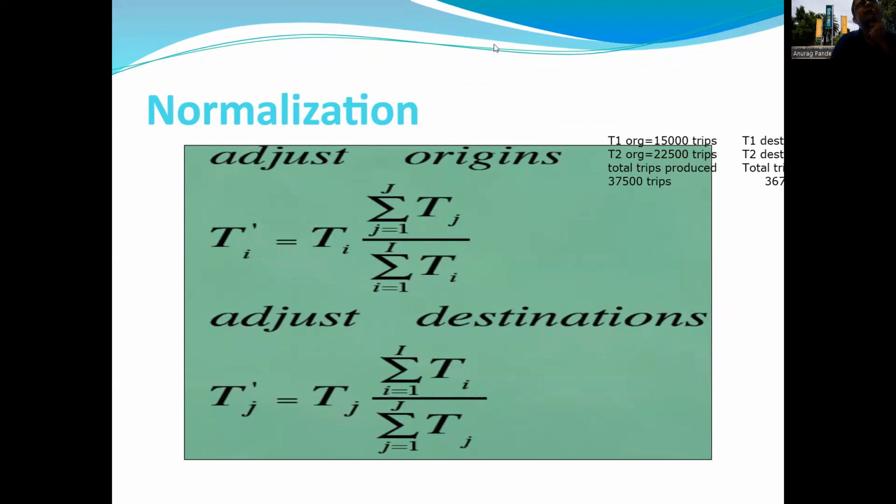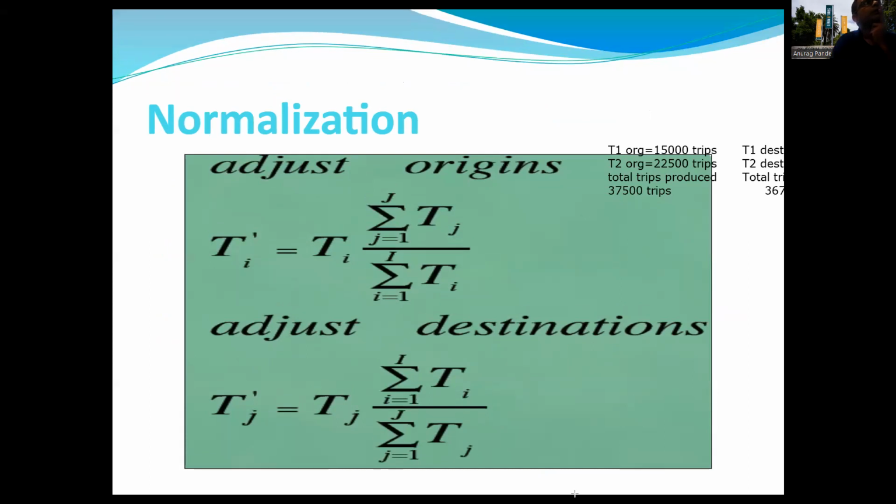In that scenario, I can say that my T1 prime, as a destination, how many trips zone 1 will be equal to, because I'm trying to adjust that. So T1 prime as a destination will be equal to TJ, my original value for that destination.